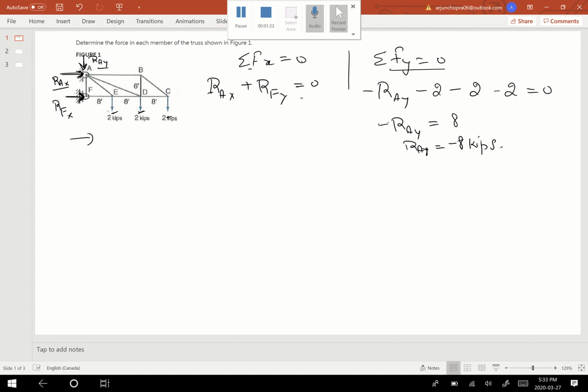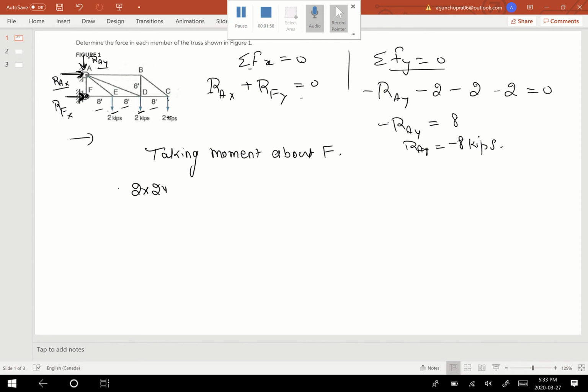Now if I wanted to find the other forces, let's say I wanted to find RAX. To find RAX, I'll take the moment about this point F. If I take the moment about F, I'm going to say 2 times this, 2 times this is 8 plus 8 plus 8, 24.